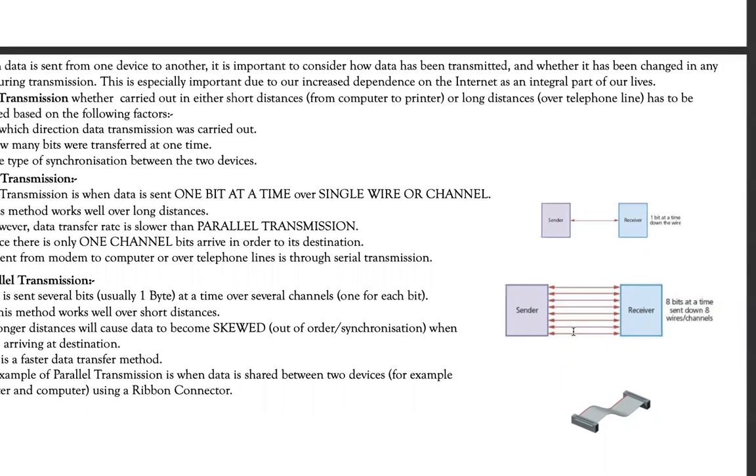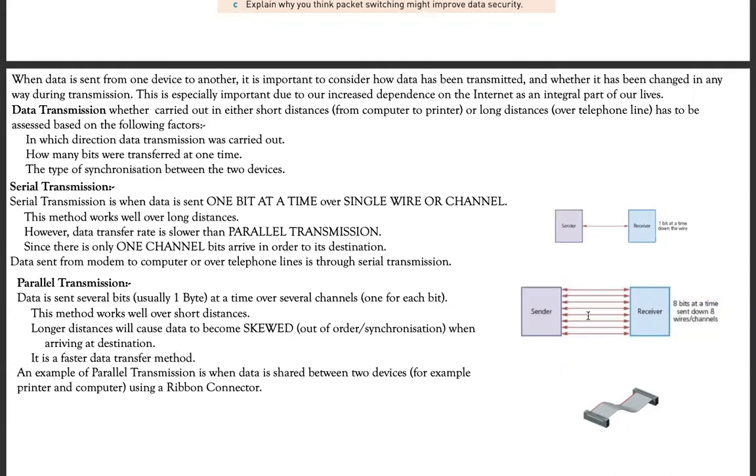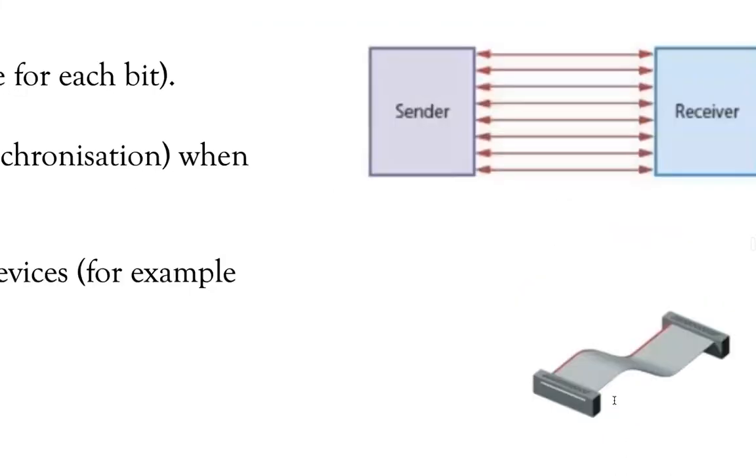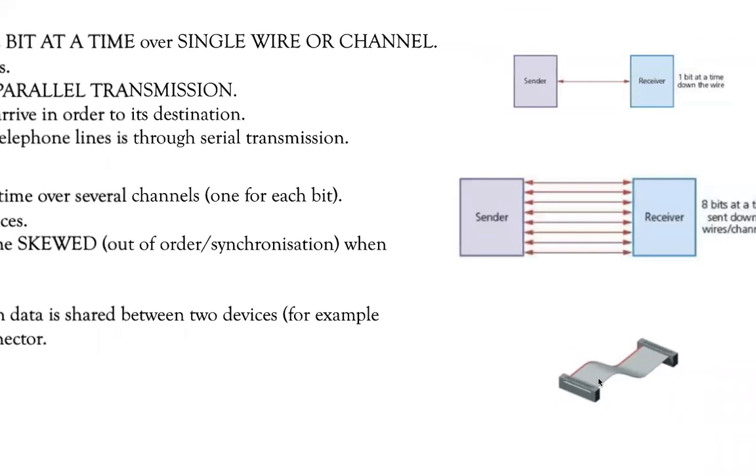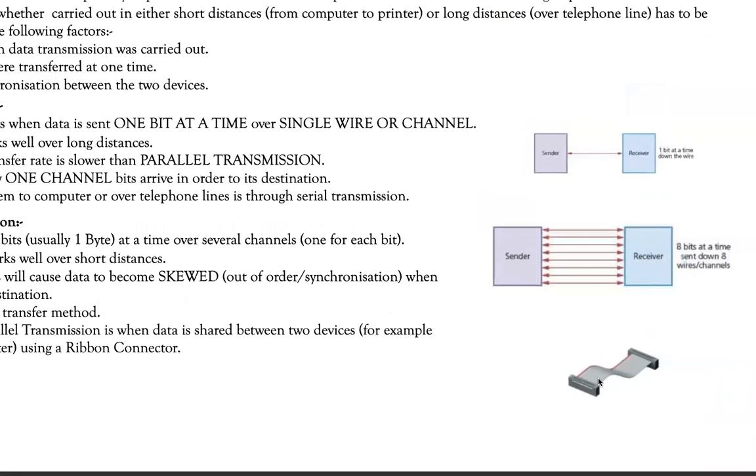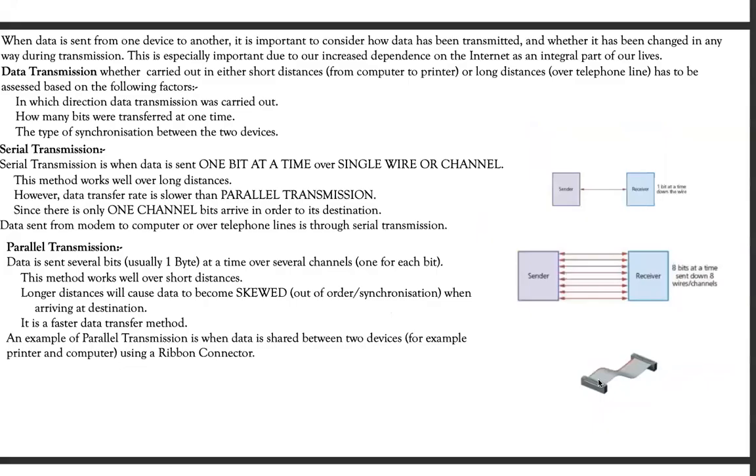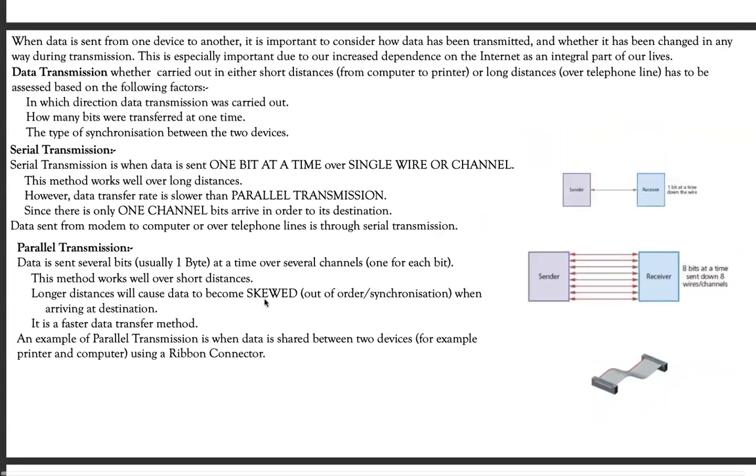Now, if this cable is relatively small, so for example, you see your internal cabling of a computer that has cables like this. This is known as a ribbon connector. This is a parallel cable. If the cable is relatively short, the chances of skewing occurring are low.